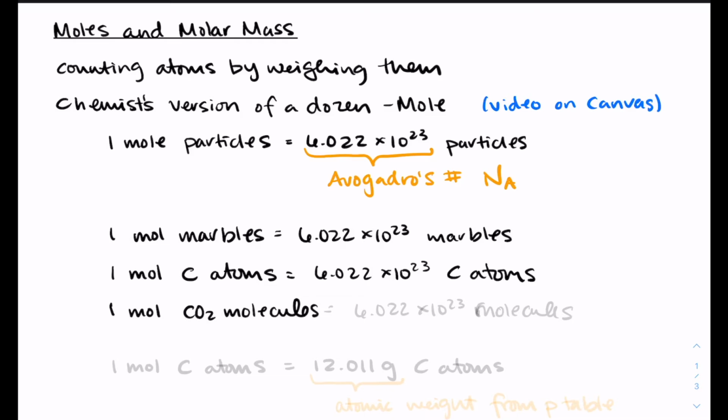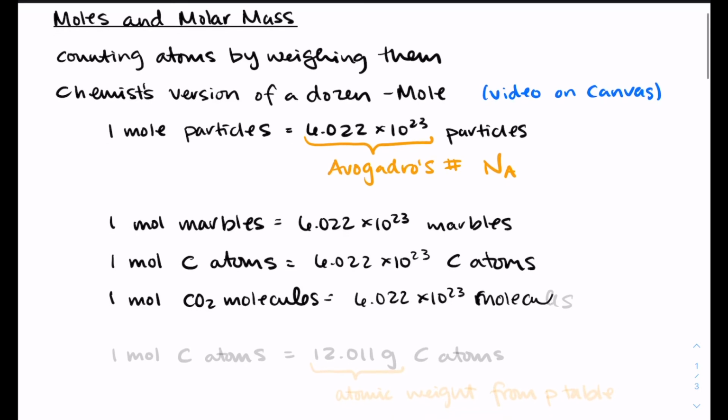Also, a lot of carbon atoms, but imagining a pile of that many marbles versus a pile of that many carbon atoms, you can see there's a pretty distinct difference. This also applies to molecules. So 1 mole of carbon dioxide molecules is 6.022 times 10 to the 23rd molecules.